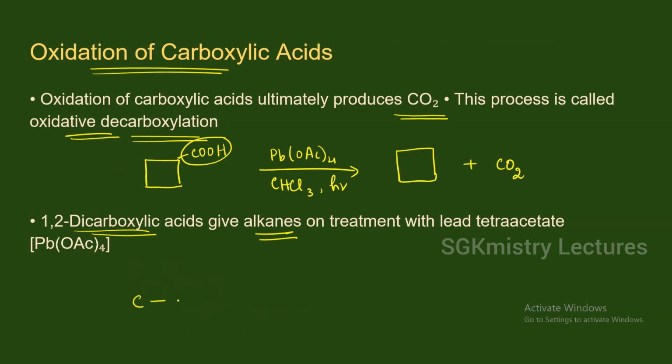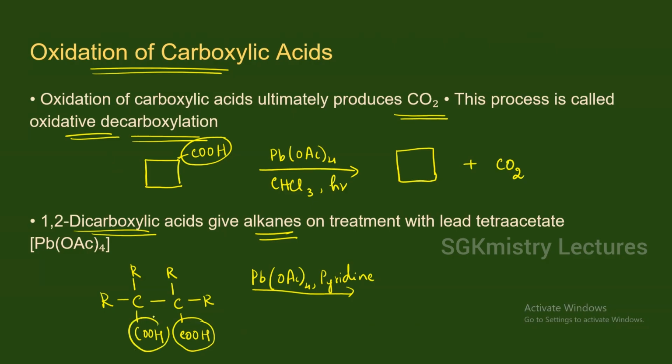So let us take the example. Here we have R, let me take a general example. Here also R and R. So here COOH and COOH, 1,2-dicarboxylic acids. This on treating with lead tetraacetate and pyridine, now what is going to happen?